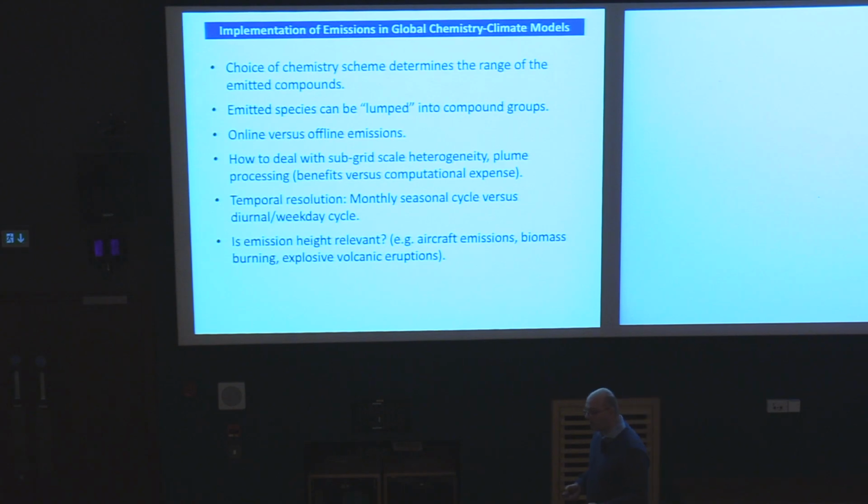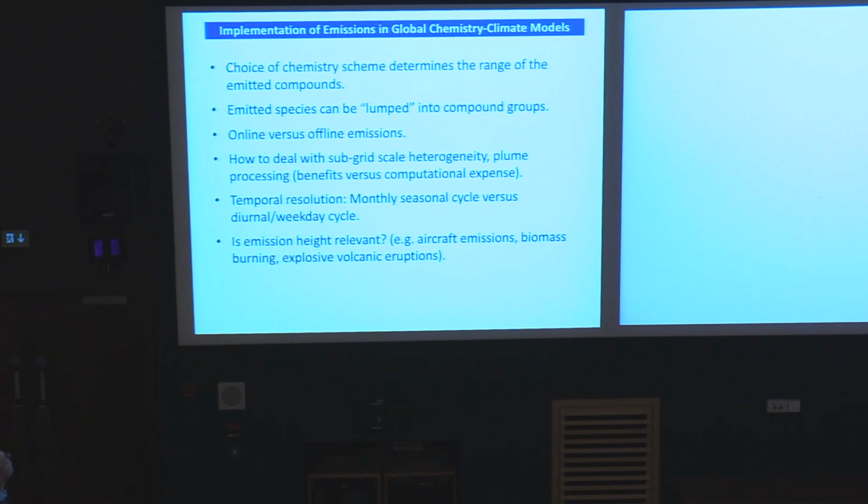And I must say, I was astonished how many decisions have to be made and how many possible ways there are of generating emissions. I'd like to share this with you and give you an indication of the type of decisions that you will have to make if you plan to generate emission data sets for the model.